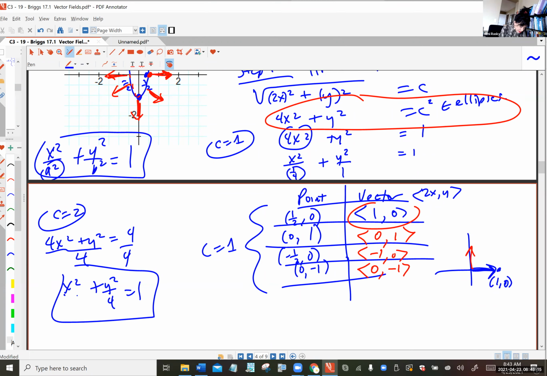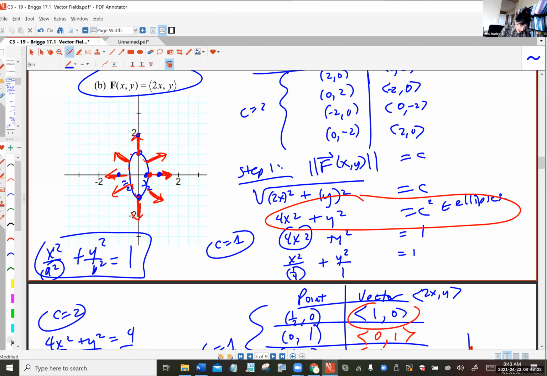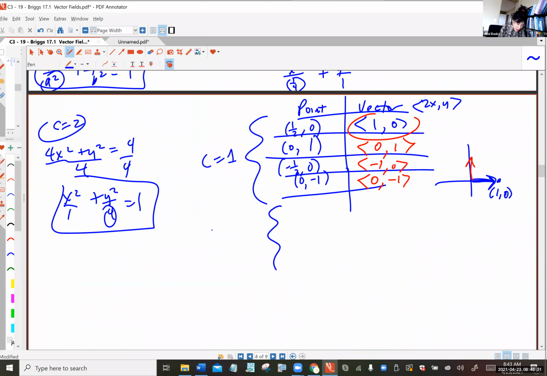And so here, this guy's x-intercepts are plus or minus 1, and the y-intercepts plus or minus the square root of 4, so that's 2. So this ellipse, a little bit larger here, we'll pick 4 easy points off of that ellipse and put them into our table. So this one will have (1, 0), (0, 2), (-1, 0), and (0, -2) for the points off that ellipse.